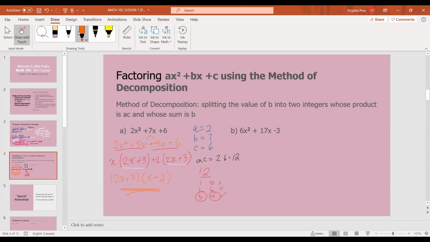If we want to check, we can just redistribute every value and see if our expanded value is the same as the original question. I'm going to put it in a box to make it more clear. All right, next. I'm going to bring it over.